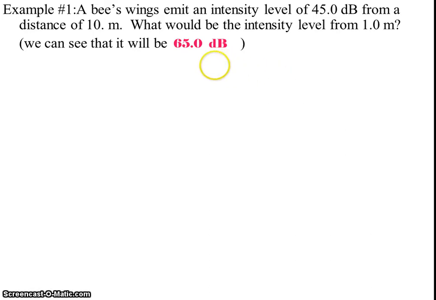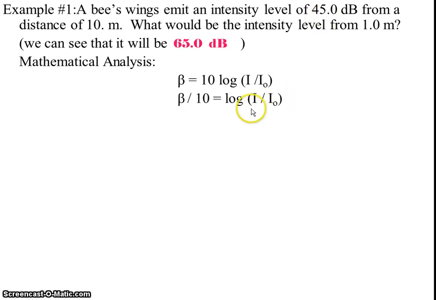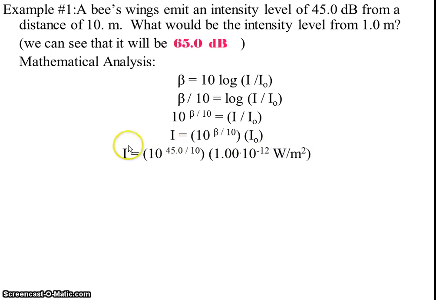Using the mathematical way, we first want to take the intensity level and convert it to an intensity. If you remember, you can start from this equation right here, and then substitute in your values. There's your 45 decibels going in right here. So this is the intensity at 10 meters.